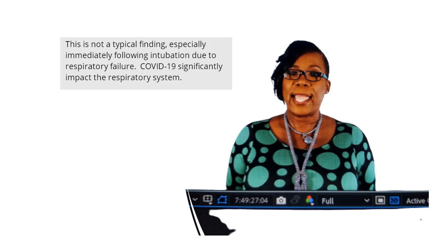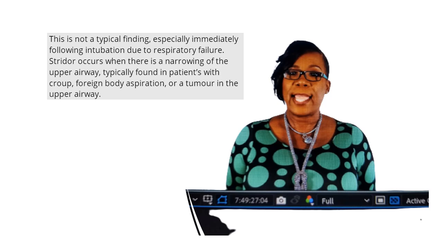This response is not correct, and this is not a typical finding, especially immediately following intubation due to respiratory failure. COVID-19 significantly impacts the respiratory system. This is also not correct.